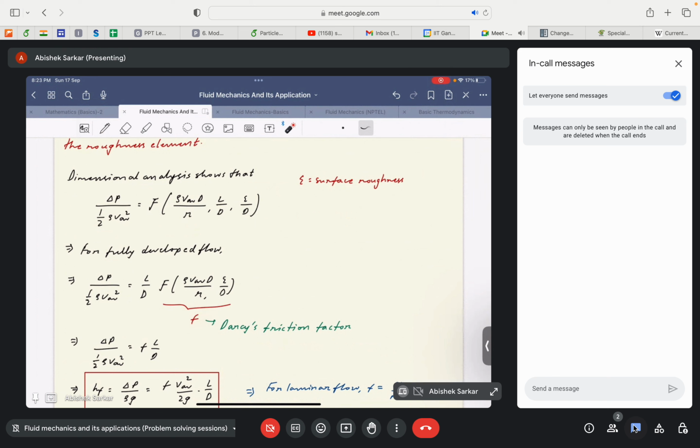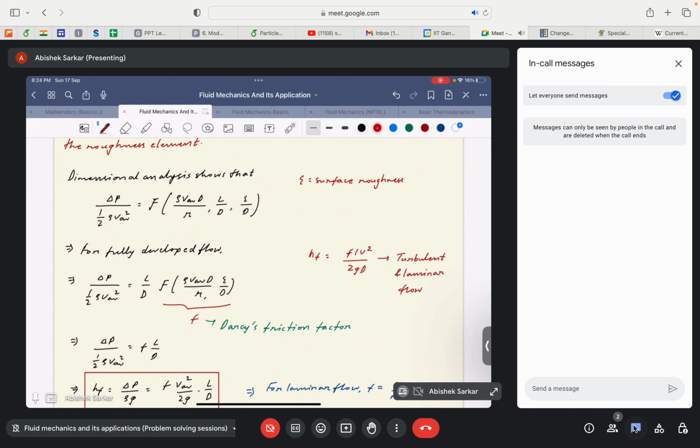It is important to know that this expression for the Darcy friction factor, hf is equal to f L V square by 2 g D, is valid for both turbulent and laminar flows.